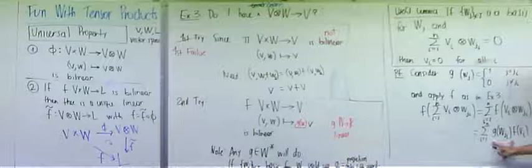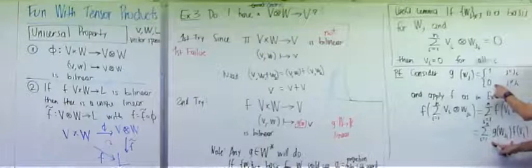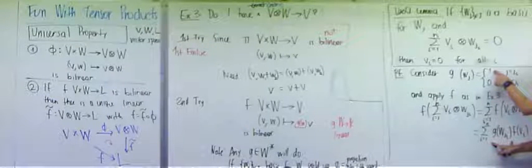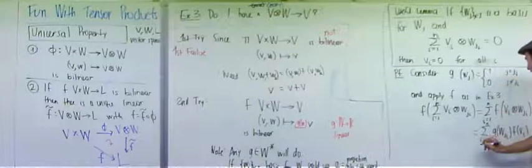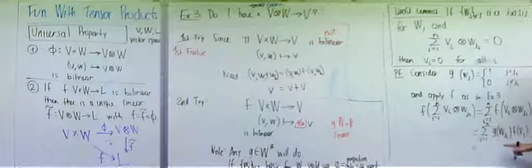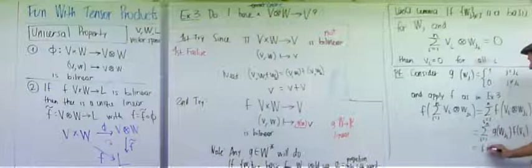Now, what is g of w_{j_i}? It's usually 0. The only time it's not 0 is for this guy, for j_i. So this is just a bunch of zeros except one 1, which gives me f of v_i.